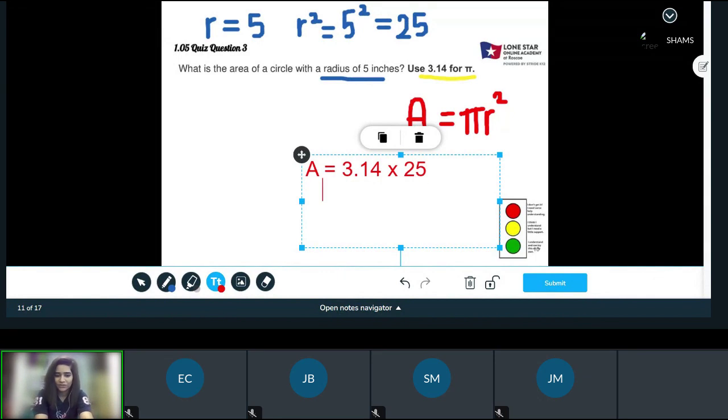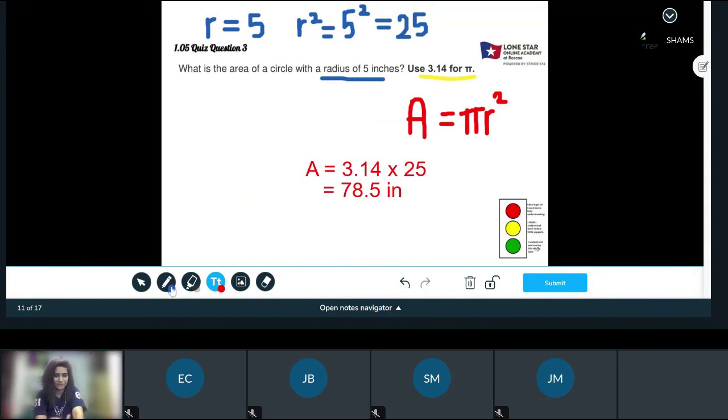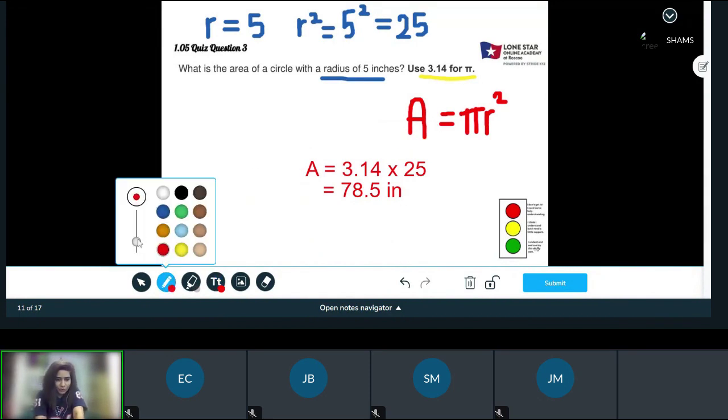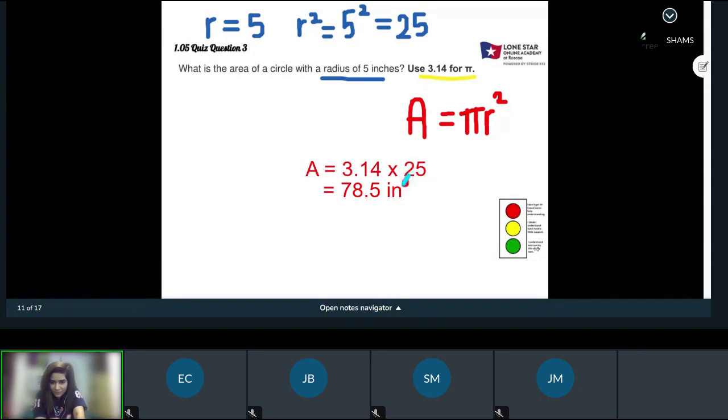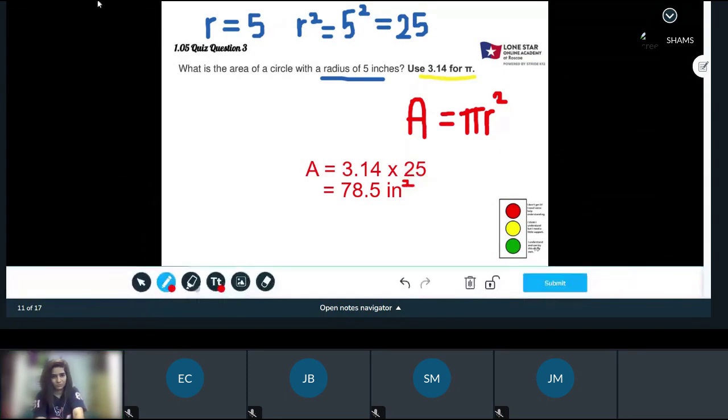And when you multiply these two, you end up getting 78.5 inches squared. And make sure you do put the correct area symbol. There we go. 78.5 square inches. Okay, then we move on to question 4.